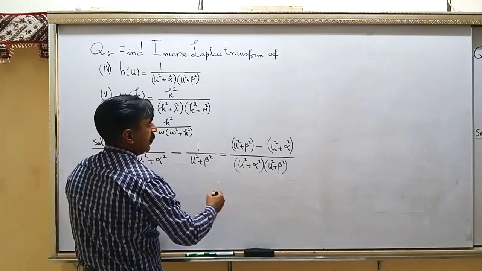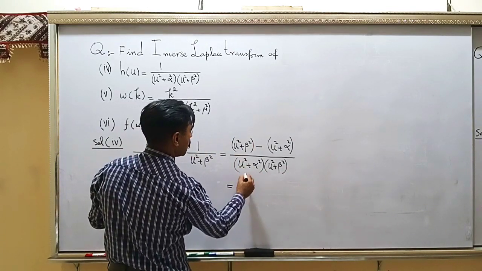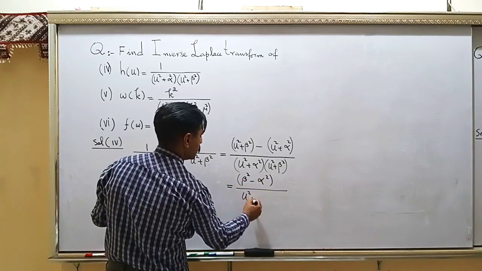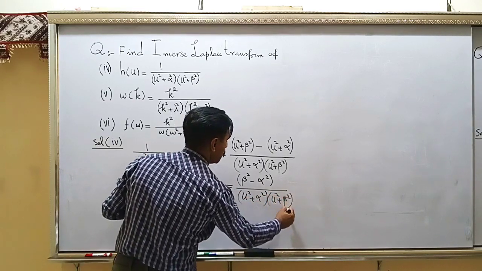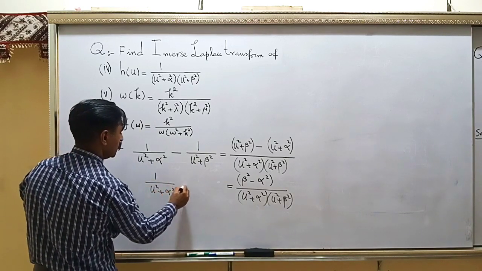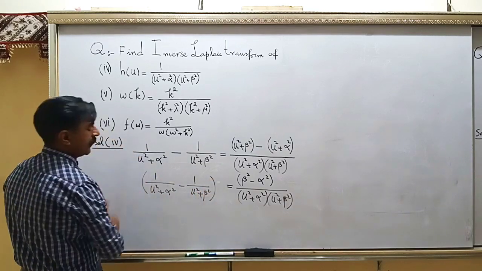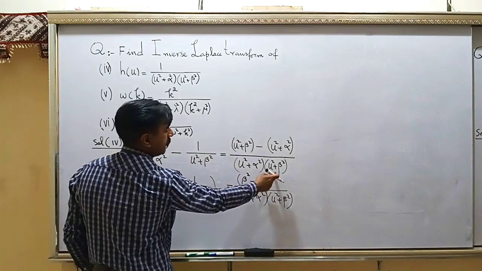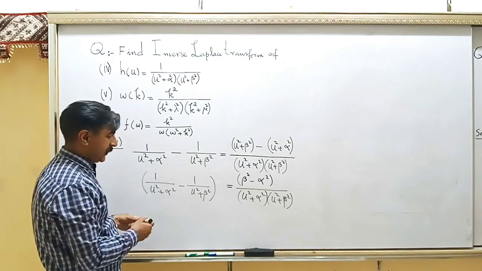So let's write it one time more. This is beta square minus alpha square over this, and the left side is same, no change, and move this constant on the left so that you have 1 over this as given in your original question or statement.